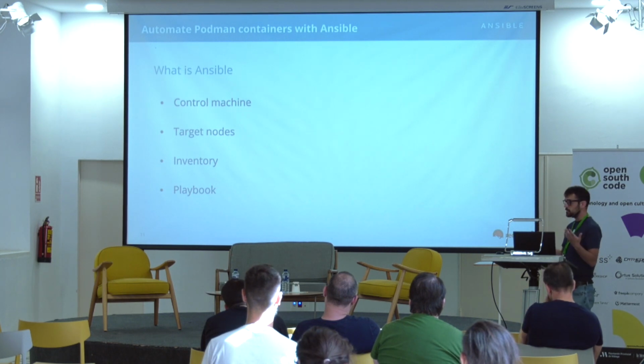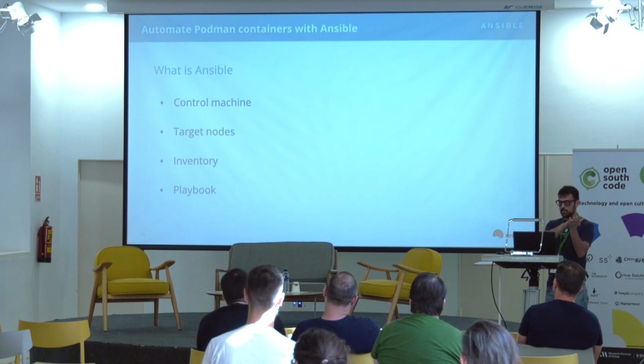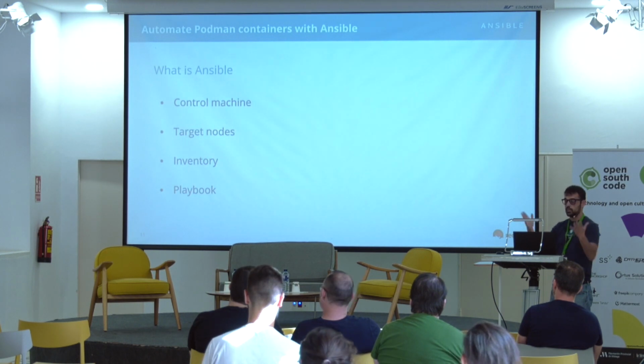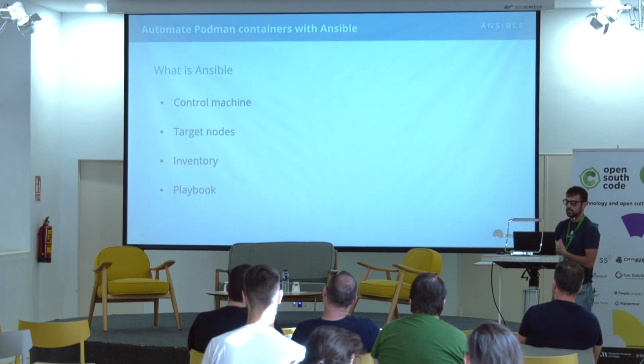So, concepts. In Ansible, you have a control machine, which is where you run Ansible. From that machine, you connect to your targets. The target nodes can be servers, networking devices, firewalls, cloud endpoints, anything that you want to manage, basically.